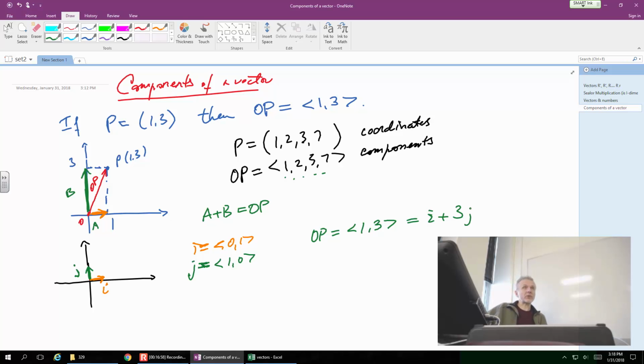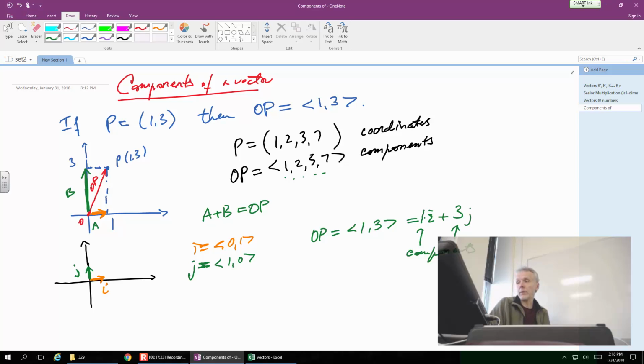So that's the decomposition. That's why we refer to these as the components. How many I's are there and how many J's? How much of the horizontal, how much of the vertical are we dealing with? 1 I plus 3 J's, yes.